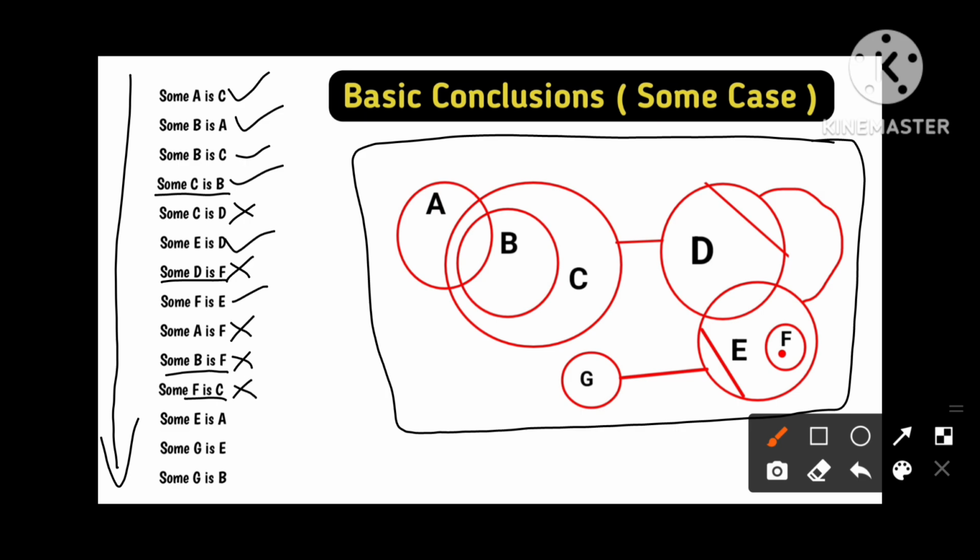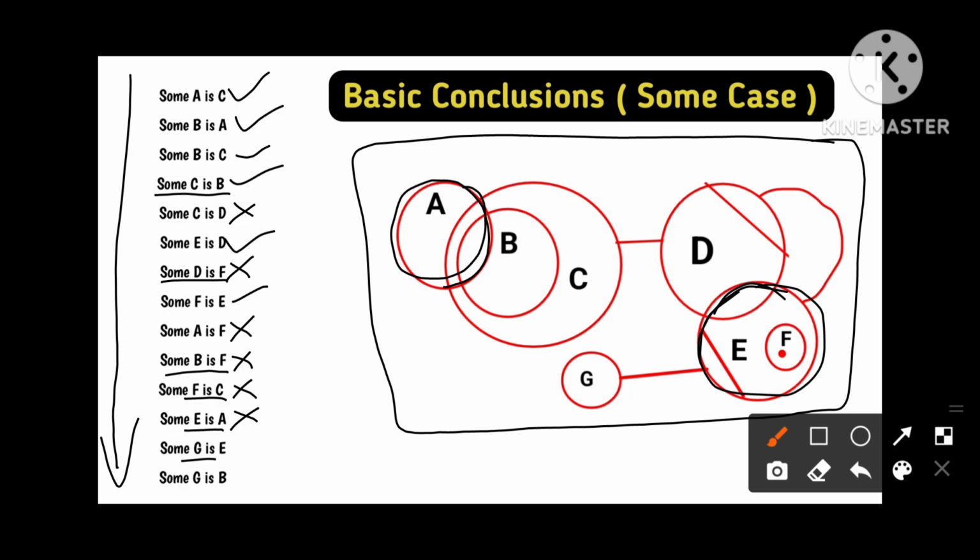The next one, some E is A. Here is A and here is E. Are they sharing some part with each other? There is no sharing between these two circles. So this conclusion will be false.